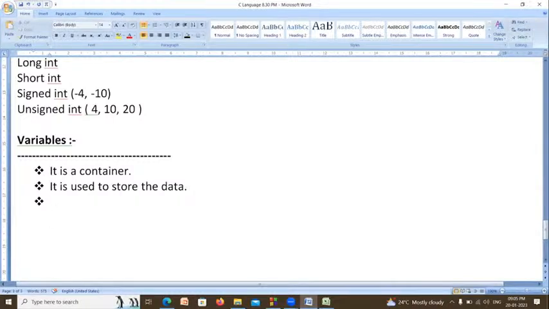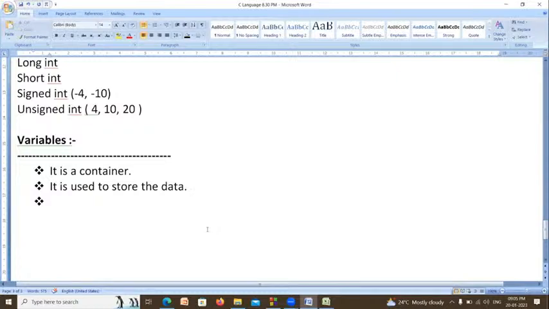Then in a variable, it can store only one value. Suppose there is a container. In that container, you can store only one value at a time. It is just like a chair. I am seated in a chair. If you want to sit, then what to do?